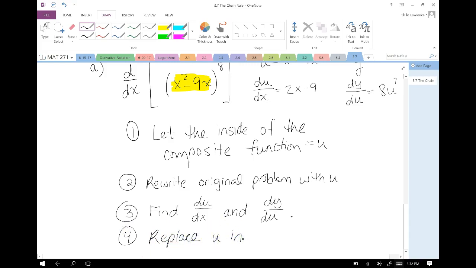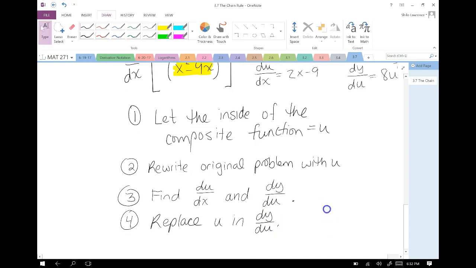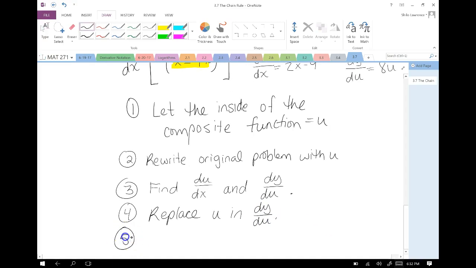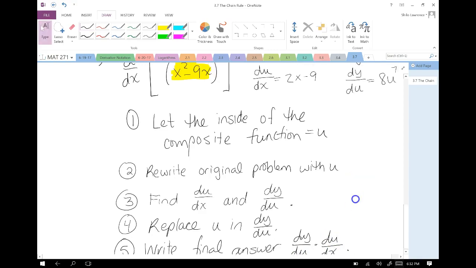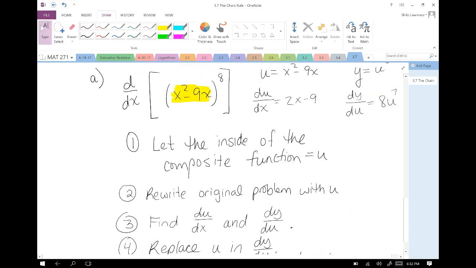We need to replace the u in dy du and write our final answer. And our final answer is just our two derivatives multiplied together. But I don't want my final answer to have u's and x's in it. I want it to just all be x's.